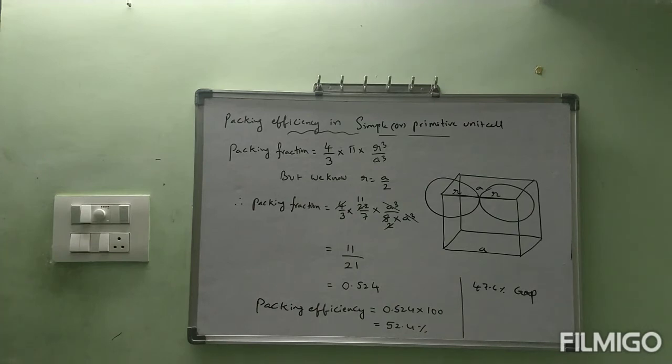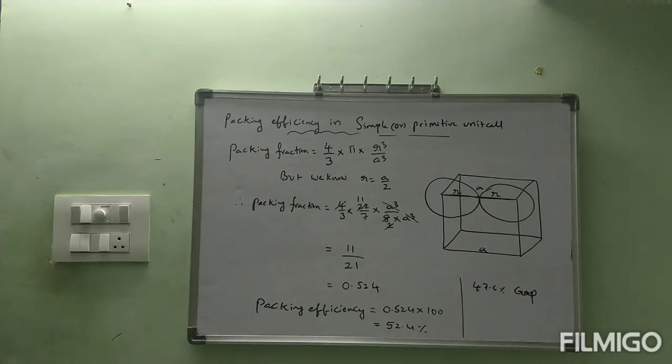Packing fraction is equal to volume of one particle, because in primitive or simple unit cell, how many particles are present in one unit cell? One particle. We calculated the number of atoms present in unit cell. That's why here I took only one particle's sphere volume, 4 by 3 pi r cube, divided by a cube, the volume of the cube. That calculation leads to 11 by 21, which is equal to 0.524.